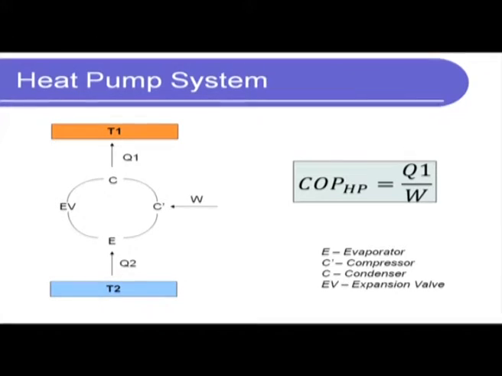But for the time being, let us leave that out and just look at the heat pump as a system. What a heat pump does is it is able to move heat, or transfer heat, from a temperature T2, which is lower, to a temperature T1, which is higher.